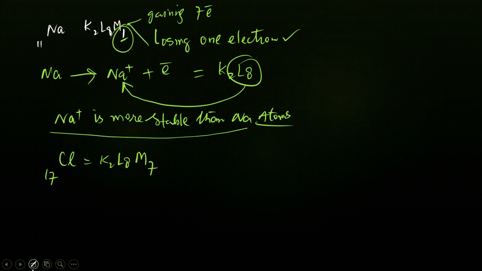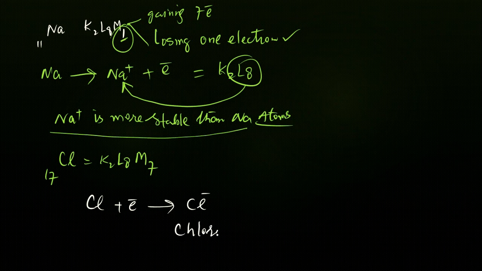So Cl plus 1 electron becomes Cl negative, the chloride ion. The electronic configuration for chloride ion is K2L8M8. Look at this, 8 electrons in the last shell. So Cl negative is much more stable as compared to the chlorine atom.